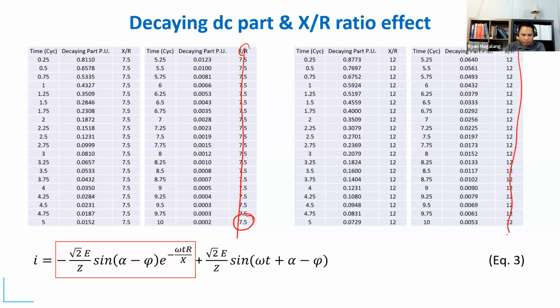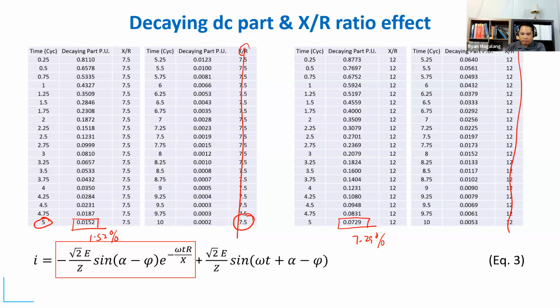I have tabulated here that you can see that for 5 cycles, your value is 0.0152. That's 1.5%. While here, for the same time period, if your XR is 12, that is 7.29% versus 1.52%.